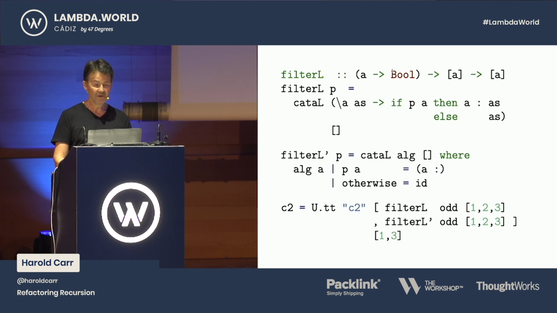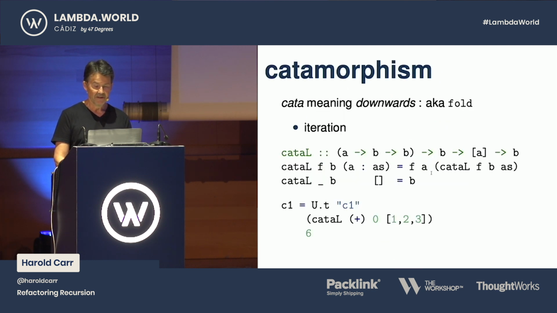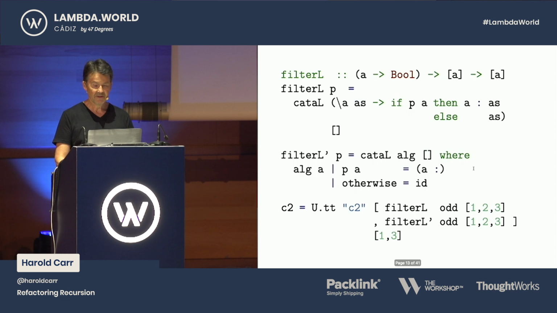And the fold, when you look at this definition, this one function then will turn into a cons onto whatever this returns. So it's a little brief. And if p is not true, it returns id, which means it's going to ignore the a and continue.